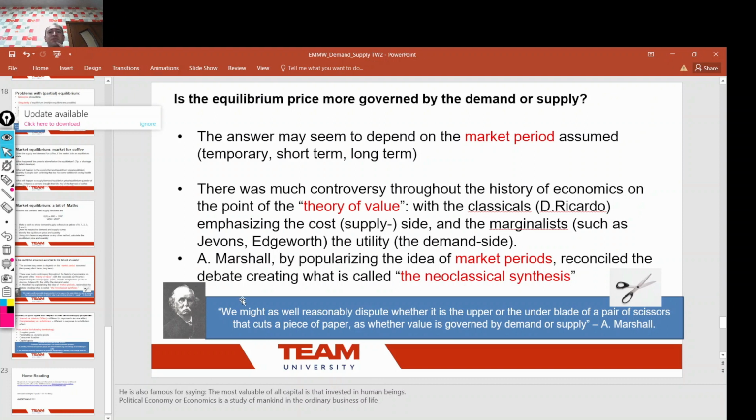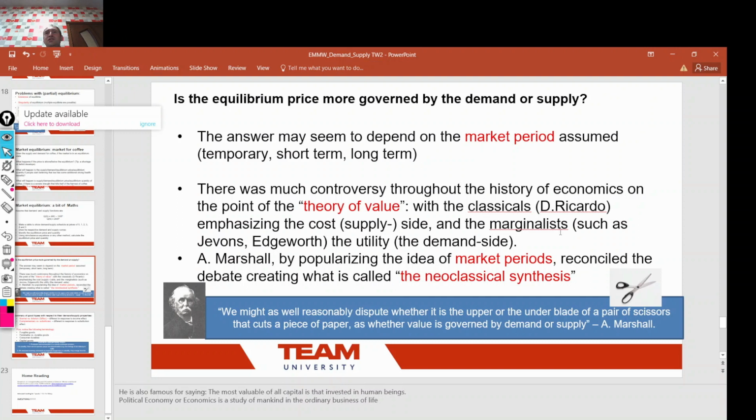This very same person also had this to say about the accusation. What determines the equilibrium price on the market? Is it demand that determines it? Is it the supply that determines it? Because before Marshall there was a very huge controversy, right? The classical economists claimed, Adam Smith claims, that the price is determined by costs. He had a cost theory of value.